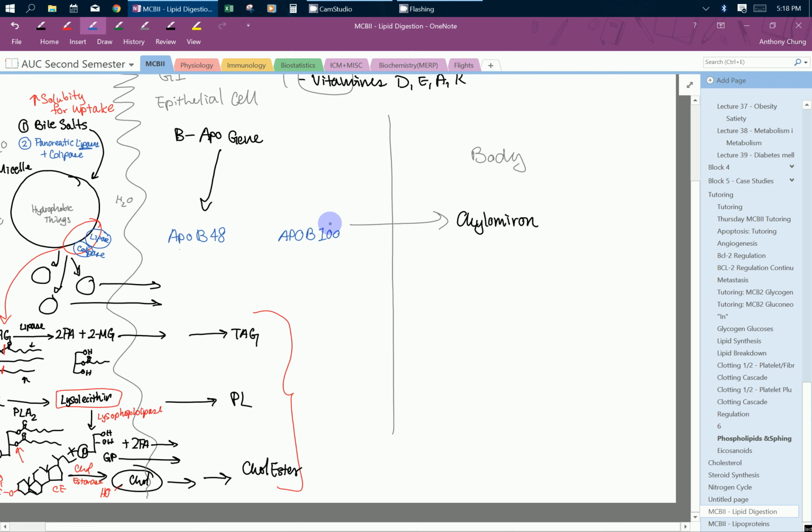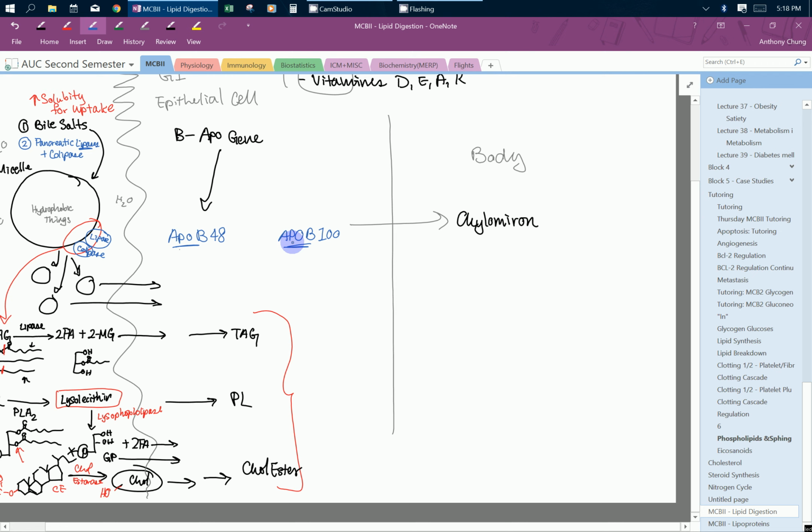Yes? Is there no gene for the ApoA? It's a separate gene. Yeah. It's an entirely different gene. So ApoB is only going to make the 2 forms of ApoB proteins. So you can imagine if there's a gene defect for ApoB, that's going to affect things that have ApoB, right? So chylomicrons, VLDLs, things like that.